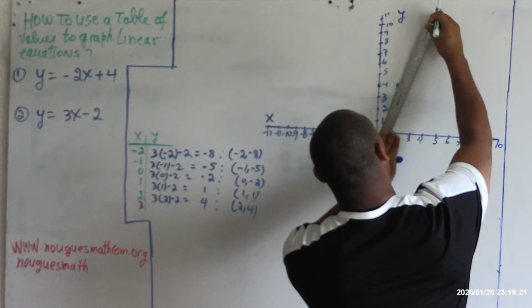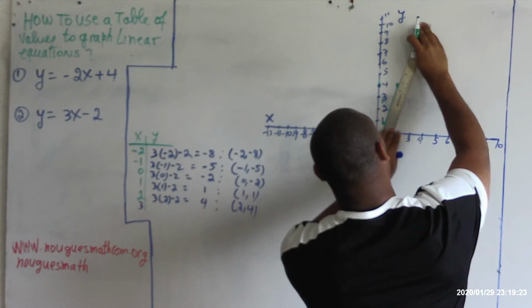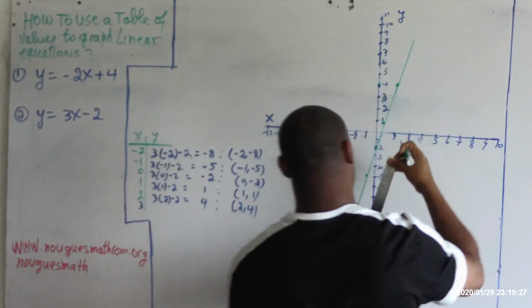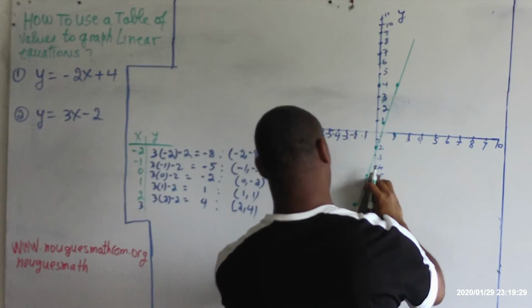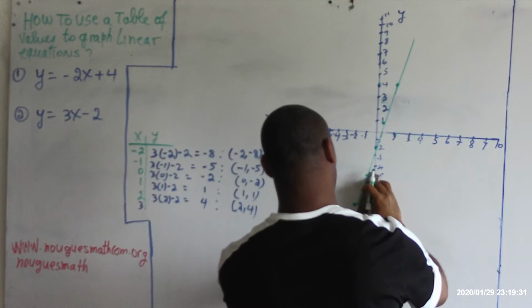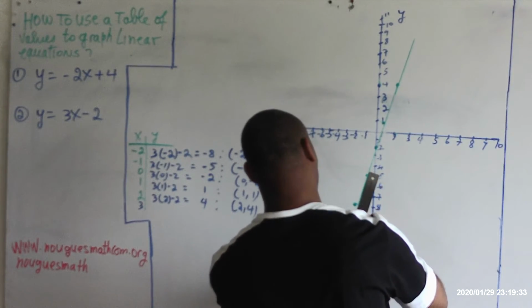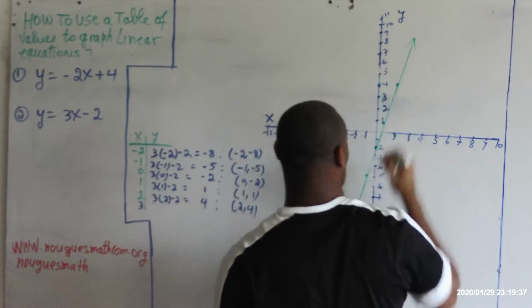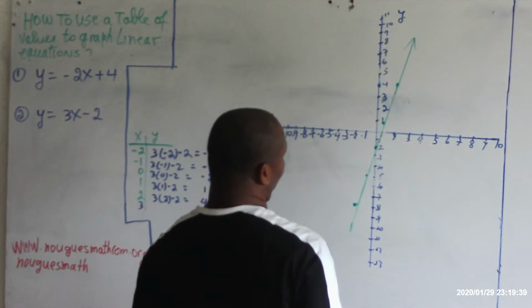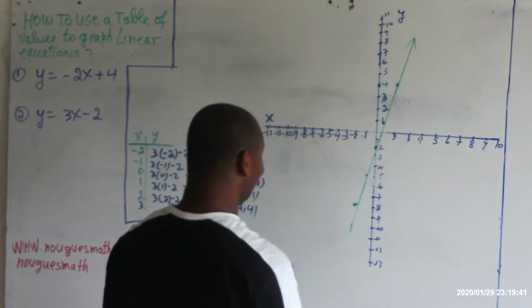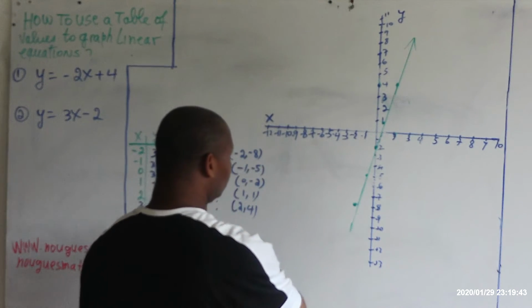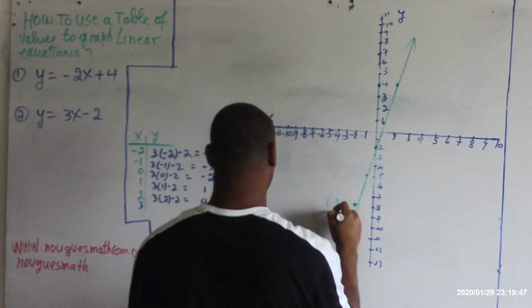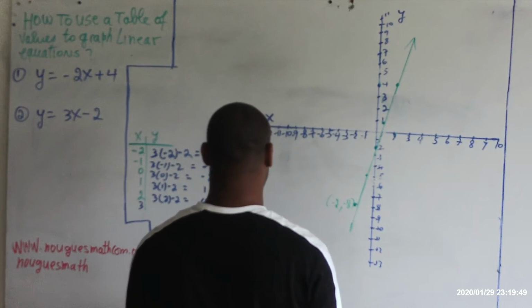Let's collect the points. That's it. Okay. I said we can plot the coordinates. The coordinate negative 2 and negative 8. Okay.